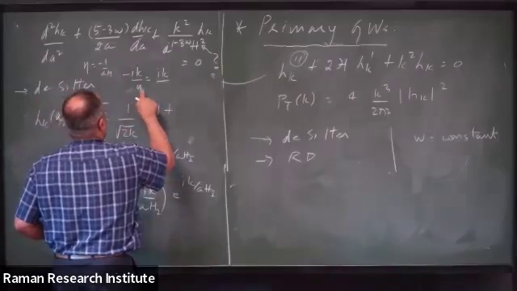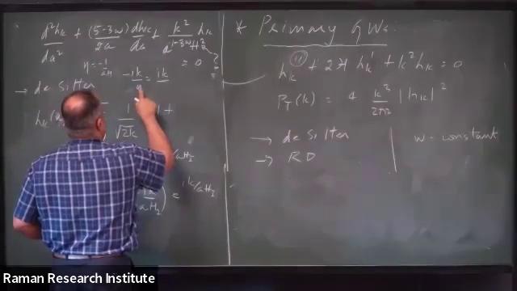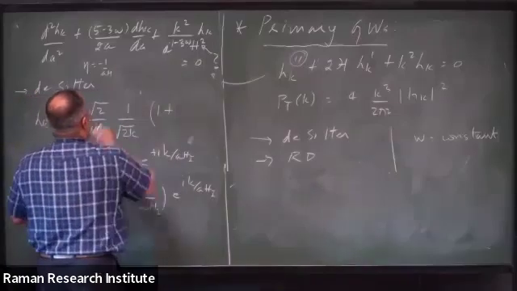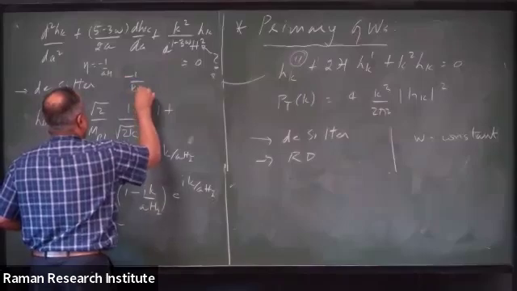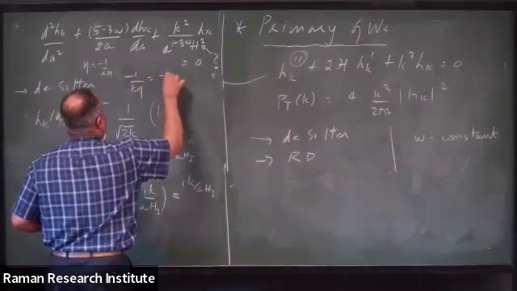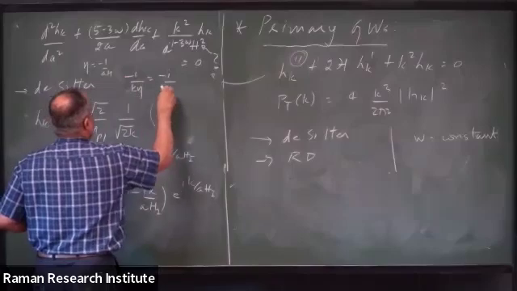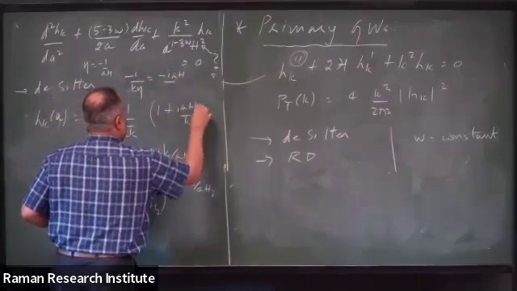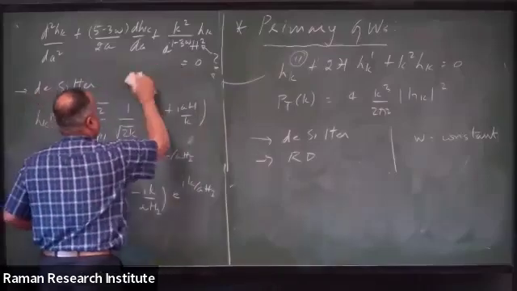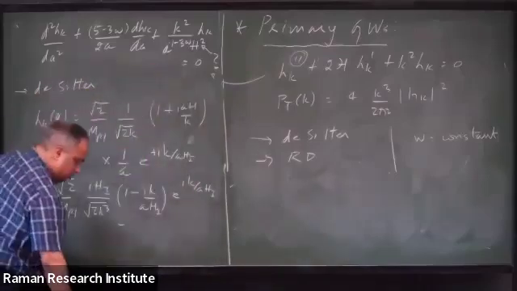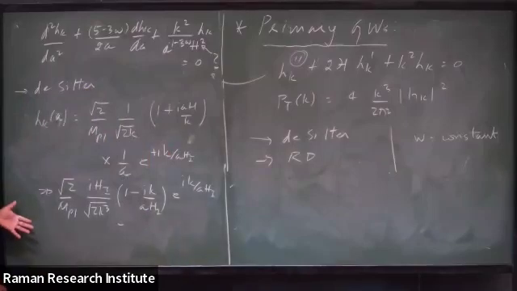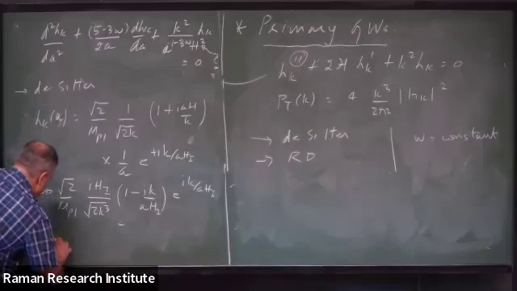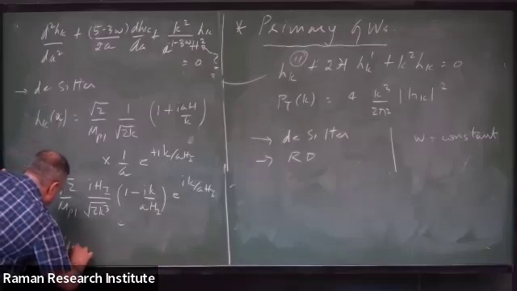No, 1 minus i by k eta, right? So this is minus i by k eta, which is i aH by k. That's what it is, correct? All right. So now this is the de Sitter solution.